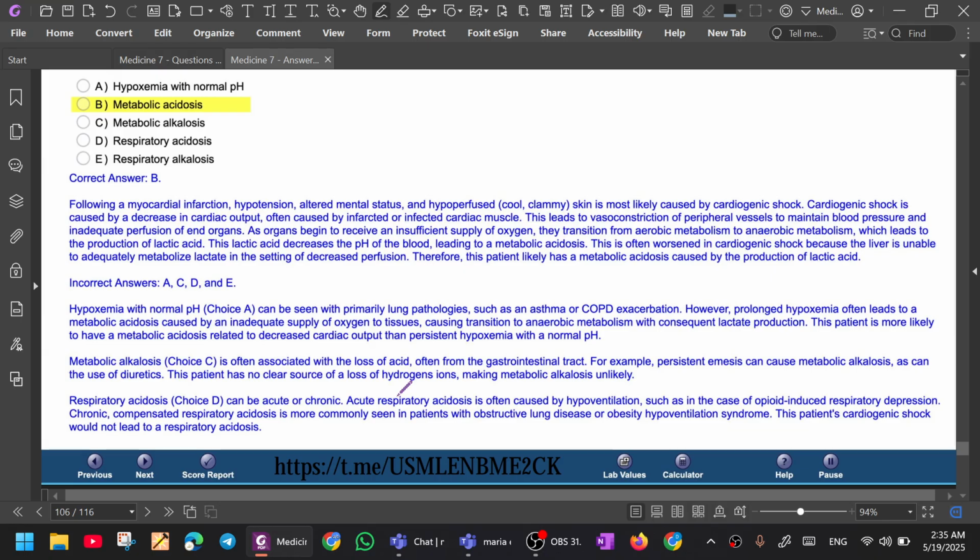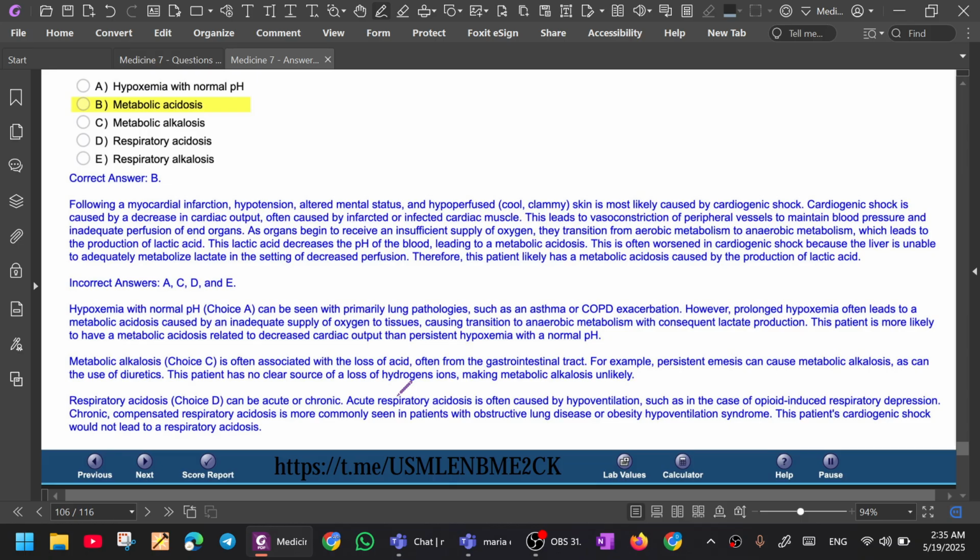As organs begin to receive an insufficient supply of oxygen, they transition from aerobic to anaerobic metabolism, which leads to production of lactic acid.